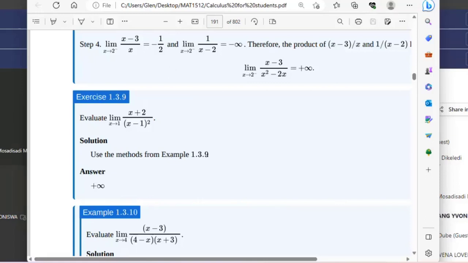Then you know that you need to evaluate this limit when X approaches 4 from the left, and then even when X approaches 4 from the right. Whatever number you will be given, you will have to evaluate that limit when X approaches that number from the left and then from the right.